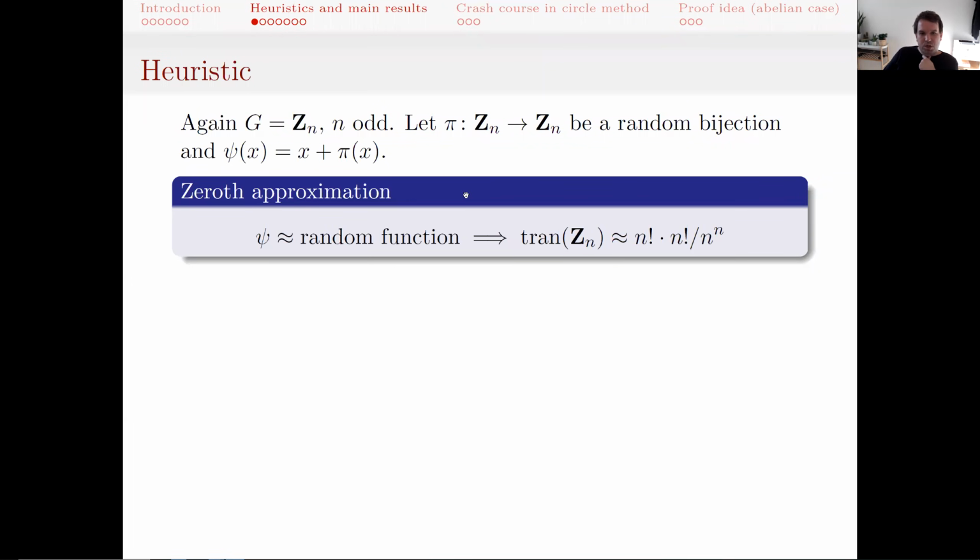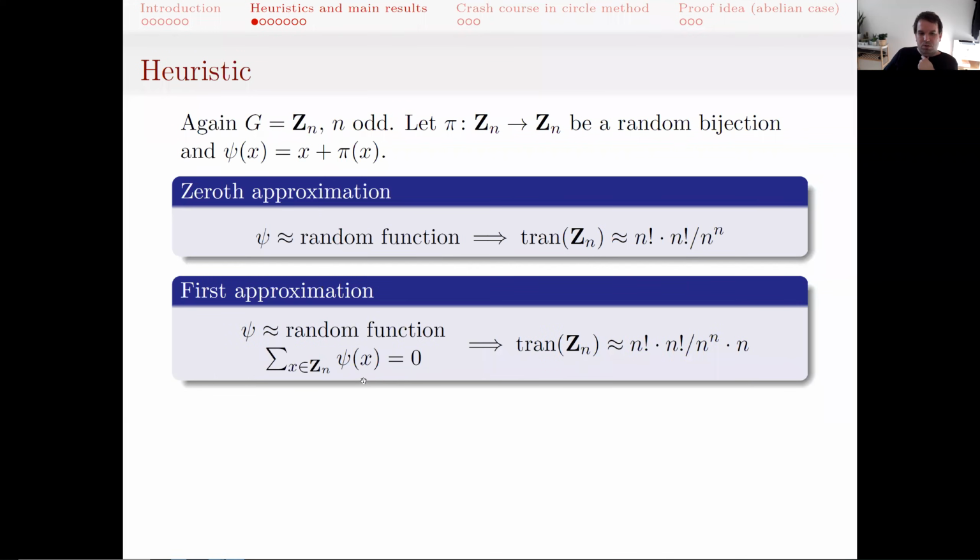But you can actually be a bit more careful. The sum of all the x's when n is odd would be 0. And the same holds for the sum of all the values of phi. So that also means that the sum of all the values of psi must also be 0. So this psi cannot be just any function from Zn to Zn, it must also satisfy this extra property that the sum of all its values is equal to 0.